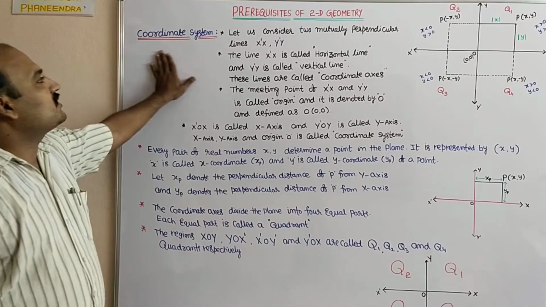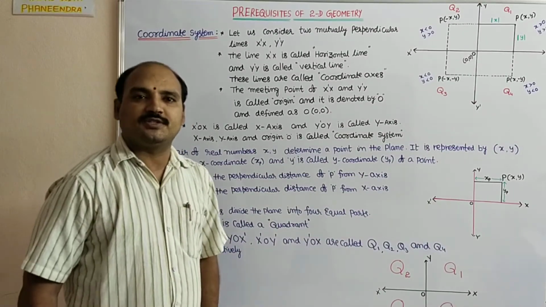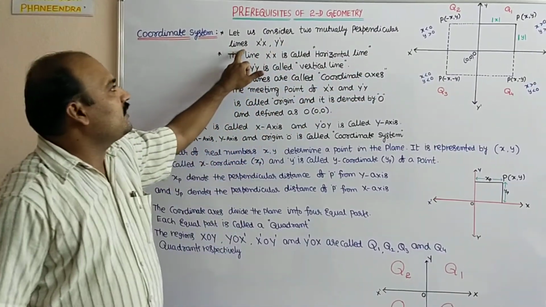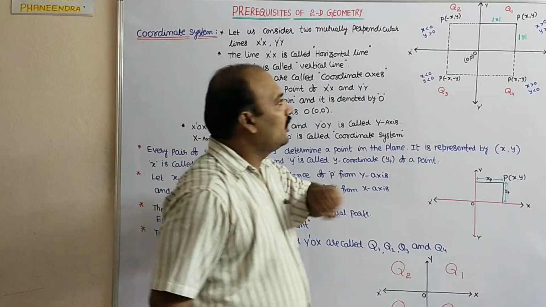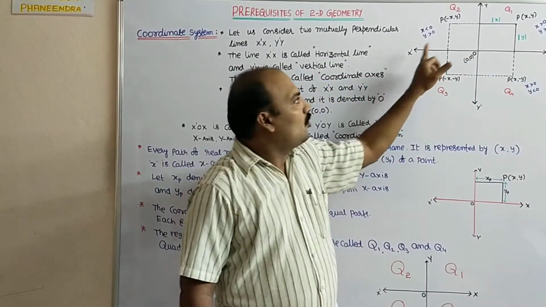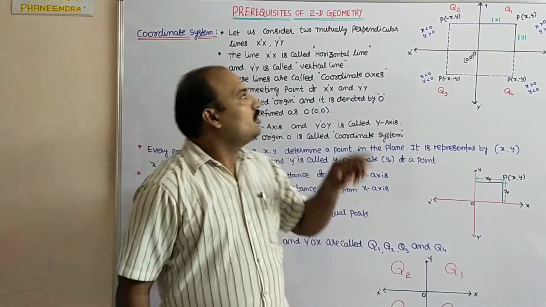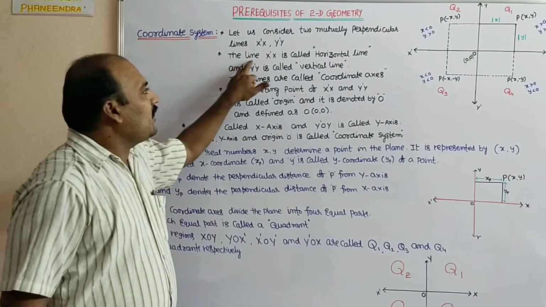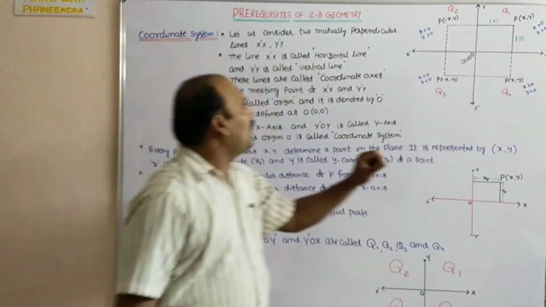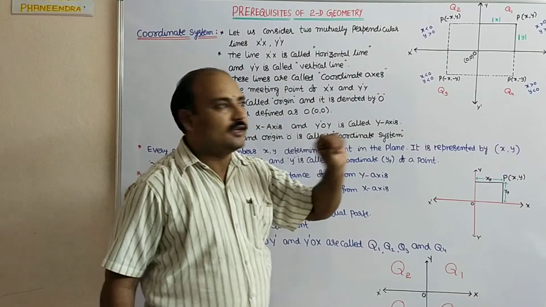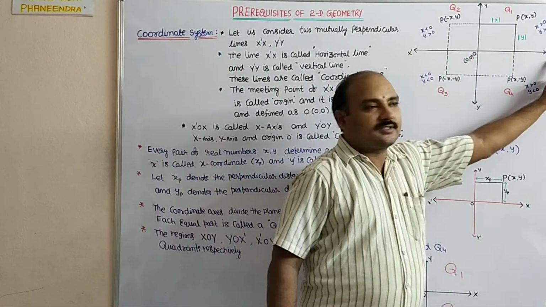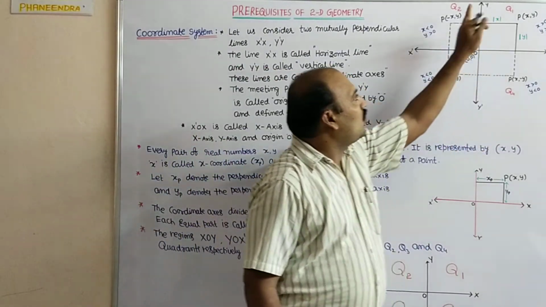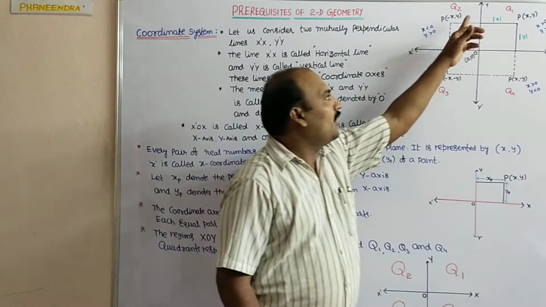See here, first the coordinate system. What is meant by coordinate system? Let us consider two mutually perpendicular lines x dash x and y dash y. The line x dash x is called the horizontal line, and the line y dash y is called the vertical line.